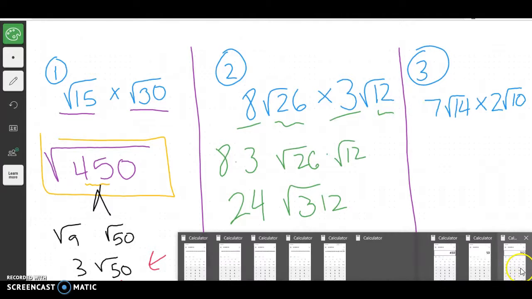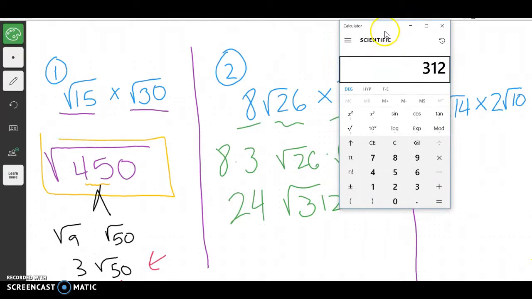Now, again, for 312, we want to pick numbers that we know are square roots. I'm going to try 16 because 16 seems like something that might divide this. And it didn't. So we got unlucky. Well, I'm pretty sure 4 would divide this. And I'm right.